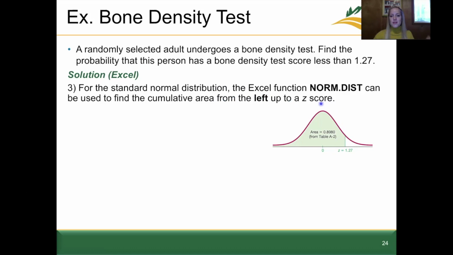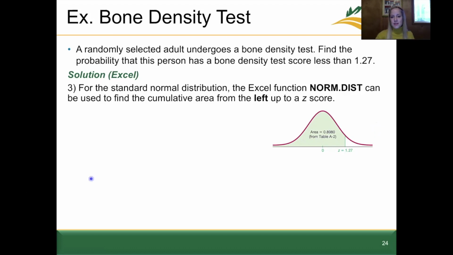So we should get used to thinking in this way: some cumulative area to the left up to a certain z-score. That's going to give us the probability of getting a variable less than a certain z-score. Again, keep that in mind because we'll talk about how to approach a question when we're asked about some area greater than our given z-score.